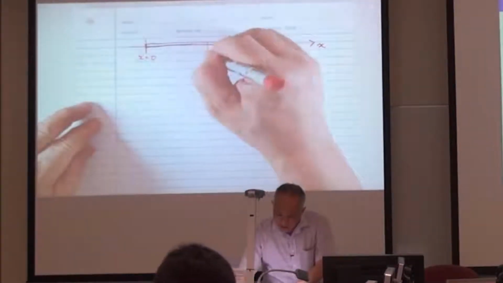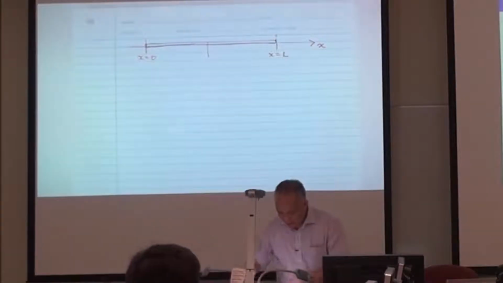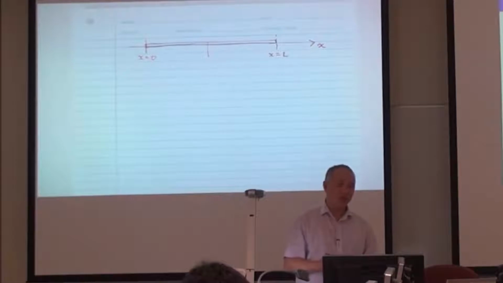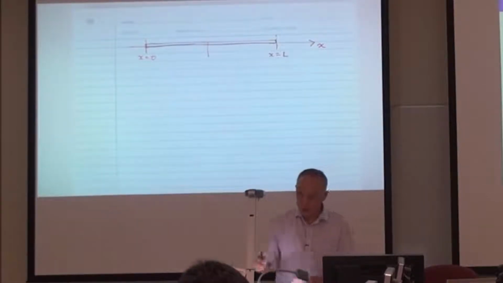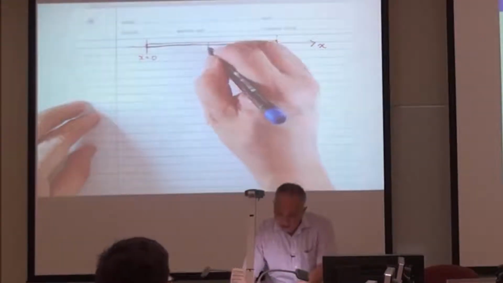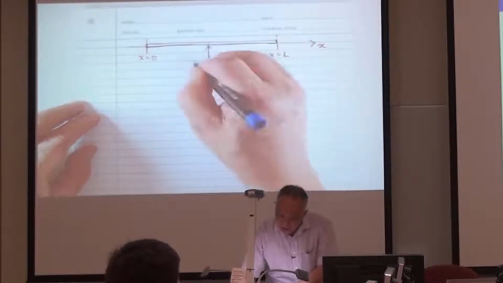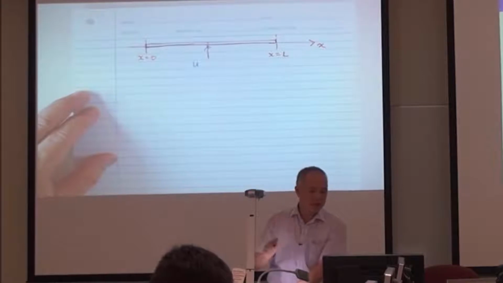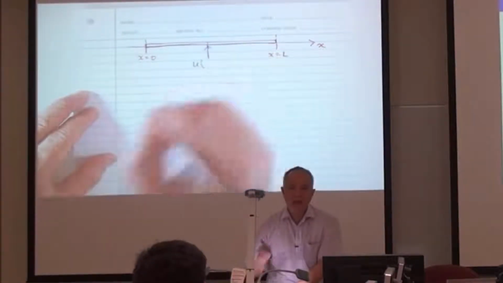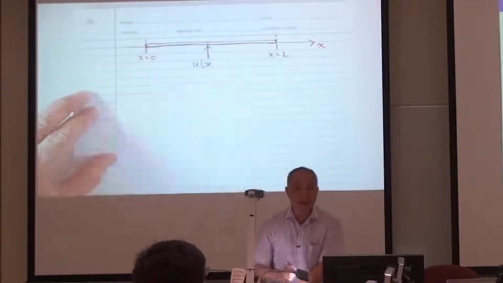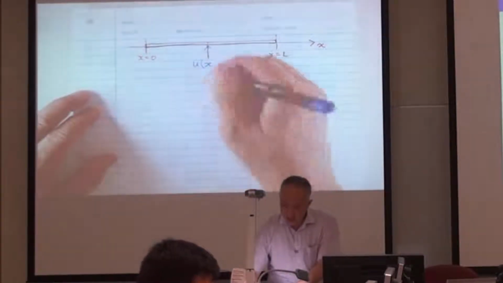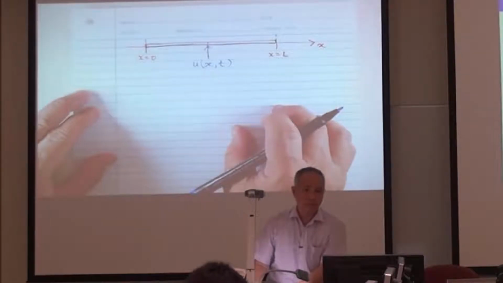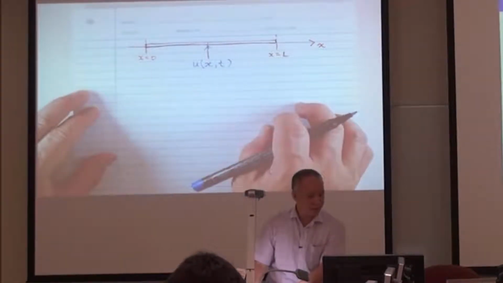If we say that somewhere along the bar we take a measurement of its temperature or of its heat at that point, we can say this quantity of heat that it has, or the temperature at that point, is given by u, which will depend on its position x, as well as the time t at which this measurement is taken.